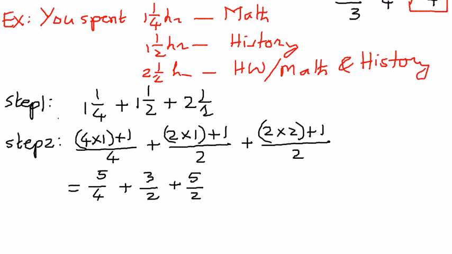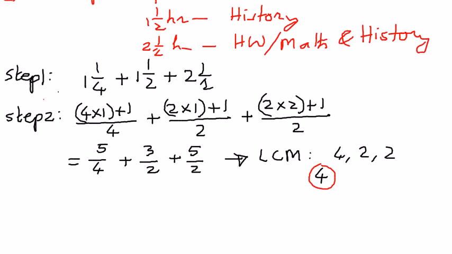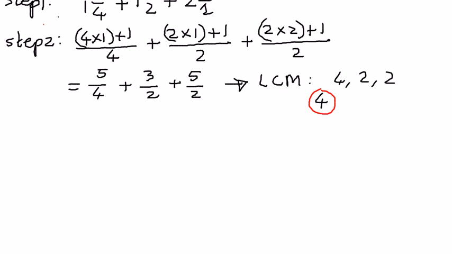So if we were to look at this, to find the least common multiple for the numbers 4, 2, and 2, the least common multiple is going to be equal to 4. So therefore we'll circle that 4, and then we're going to come back and find out the common denominator for this.